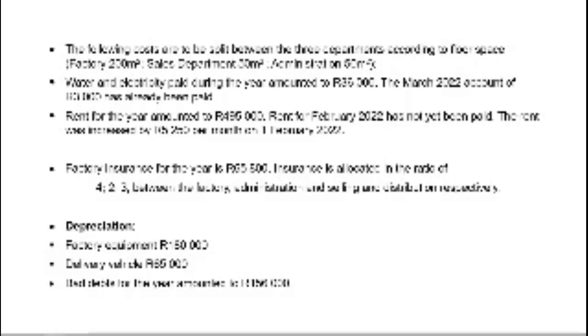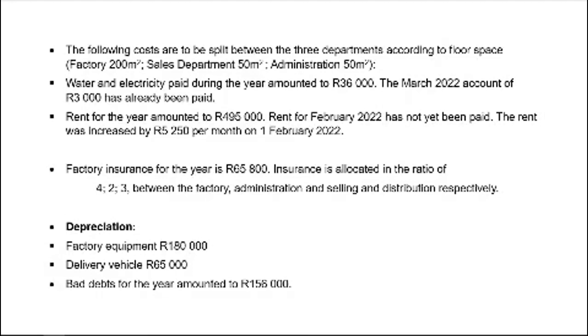Now to determine rent for February, I'm going to take that 45,000 and allocate it to Feb. However, it continues and says the rent was increased by 5,250 per month on the 1st of February 2022. So I know that the increase only applies to Feb.